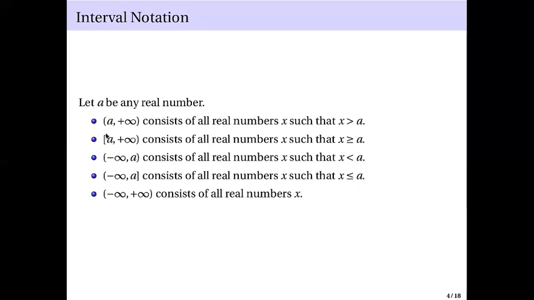For example, we have a square bracket here and we say that we include A. We cannot include plus infinity or minus infinity because it's just an abstract thing. It's just a representation of a very, very large number, and we don't know what it is. If you think of a number, then plus infinity is way larger than whatever number you are thinking. So these are called the interval notations, including the previous slide.